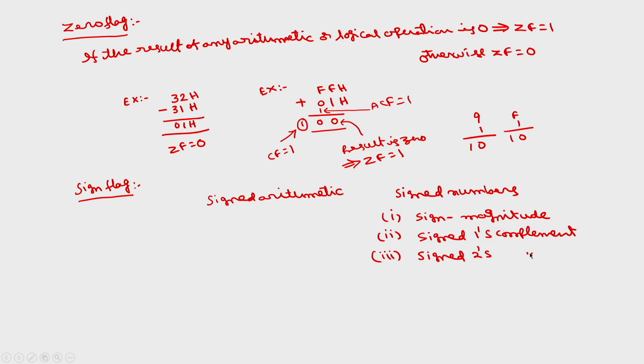But in 8086 the signed twos complement form will be used, because there are some advantages of the signed twos complement representation. If you add a group of numbers, and the final result is within the limit, then you can neglect intermediate overflows.